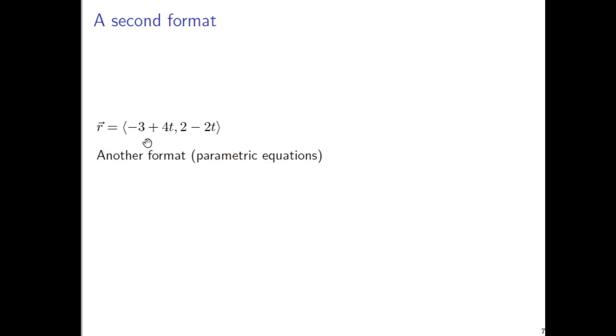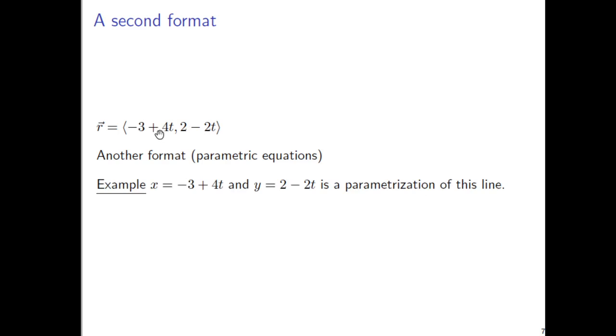And here's another format. We get this vector, but remember that there's this correspondence between points and vectors. So instead, we could just say, how about the point where the x-coordinate is -3 plus 4t, and the y-coordinate is 2 minus 2t. And this you may recognize as parametrization of a line.